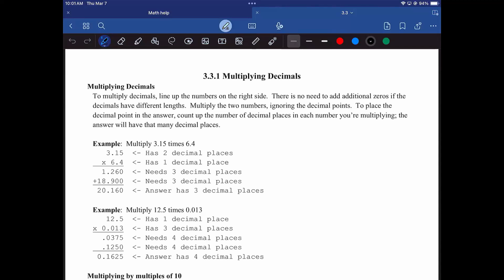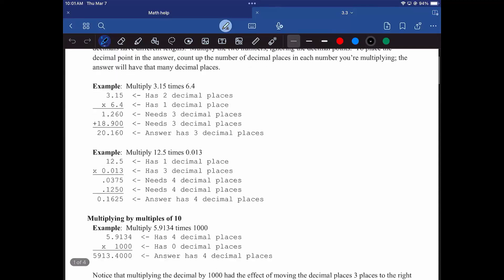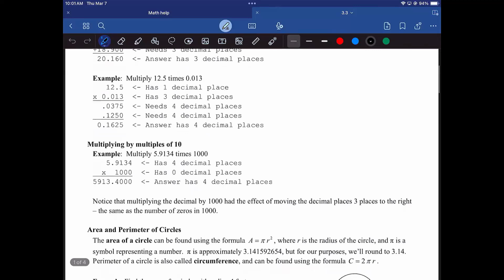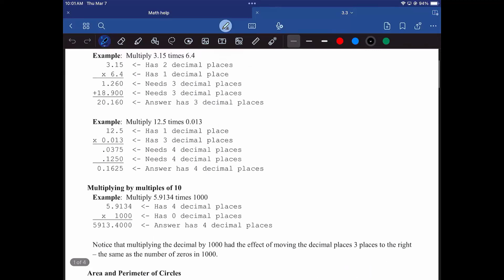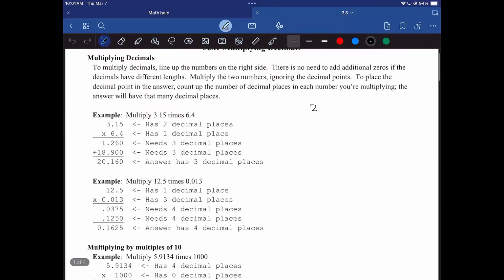All right, so multiplying decimals, what you can do is you can just do the multiplication. I know that sounds crazy, but the way I like to remember it is if we have here 3.15 times 6.4, I just multiply 315 times 64.